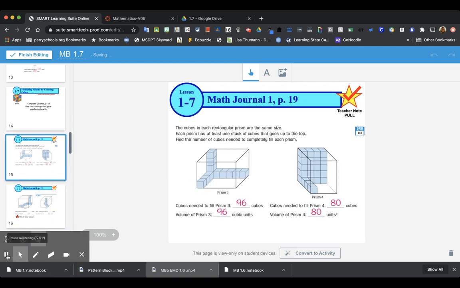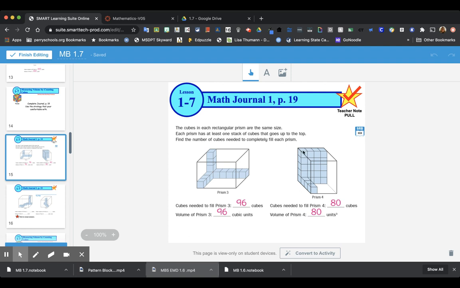So if you take a look at prism 3 and prism 4, prism 3 was 96 cubes and the volume was 96 cubic units. You could see that you could easily find the length, the width, and the height for this one, getting 96.